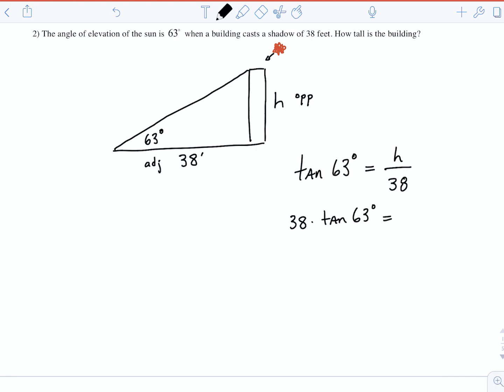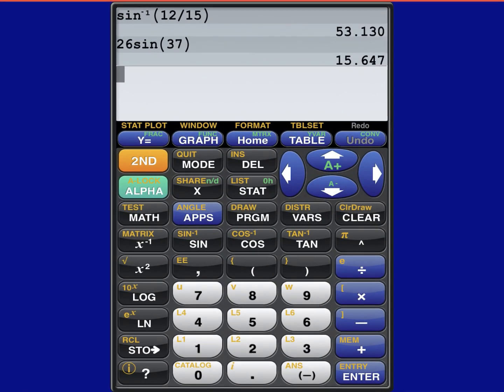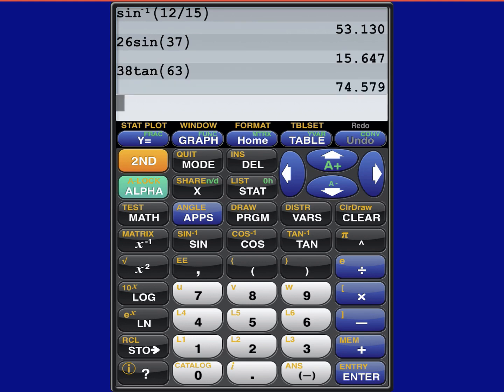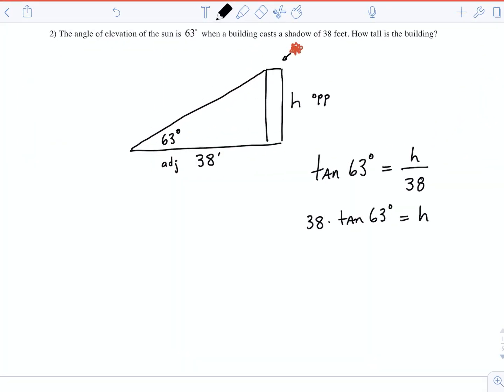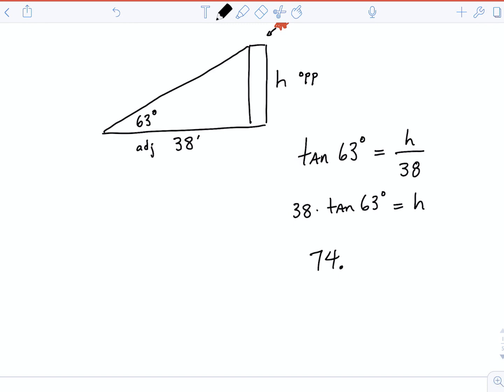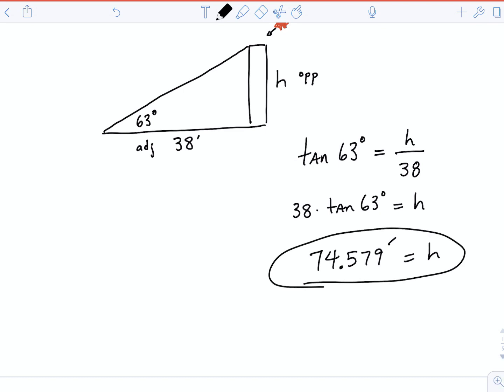And then it's time to use the calculator. So I need 38 tangent of 63. 38 tangent of 63, 74.579. So 74.579, and that would be in feet, so that's the height of the building.